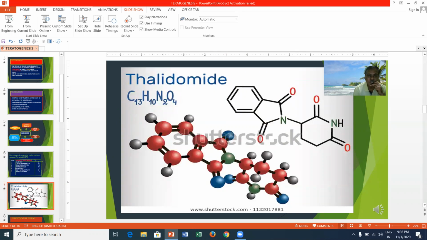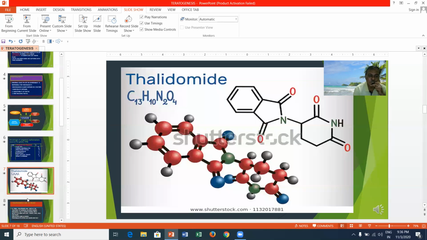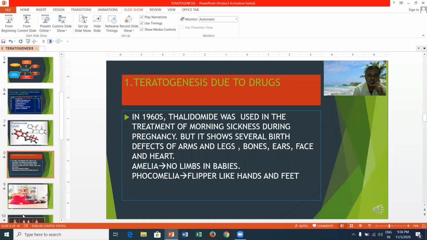Here you can see thalidomide. It is a drug which acts as a potential teratogen. You can see the consequences of thalidomide. The thalidomide pill was used for morning sickness in women. In the 1960s, thalidomide was used in the treatment of morning sickness during pregnancy, but unfortunately, it caused teratogenesis.